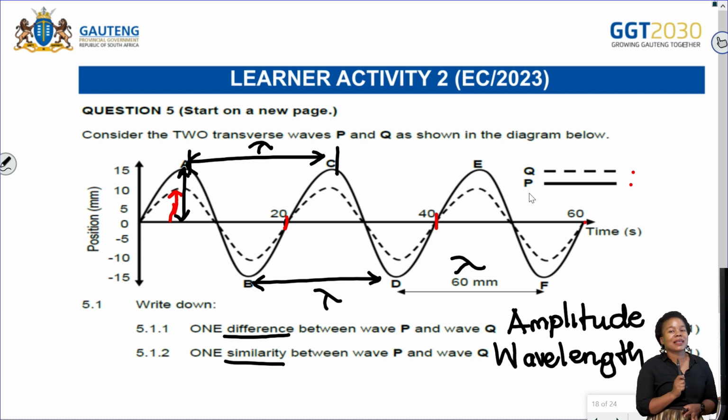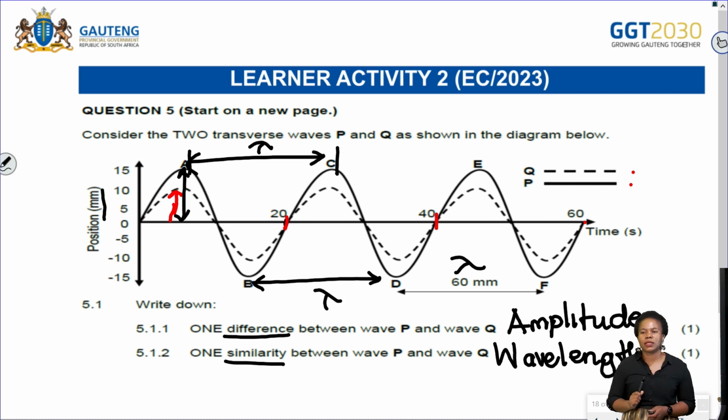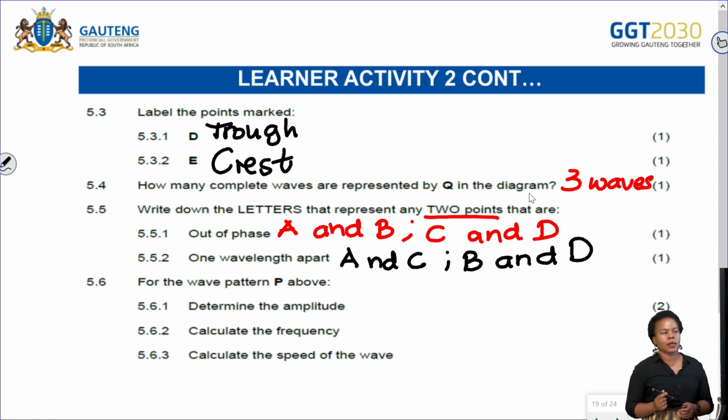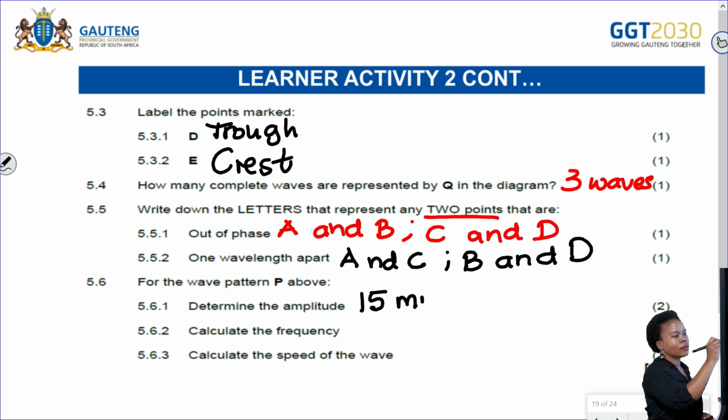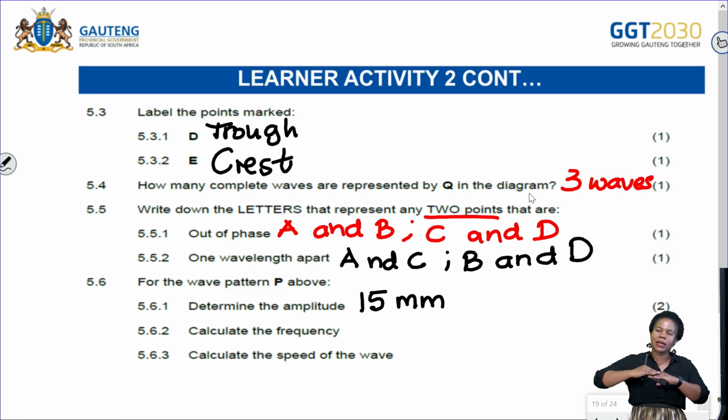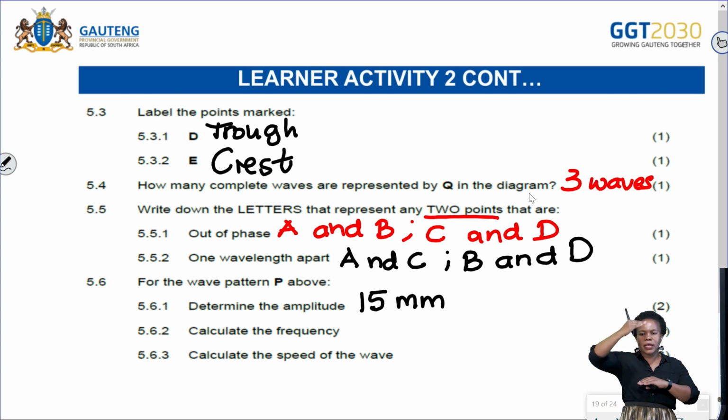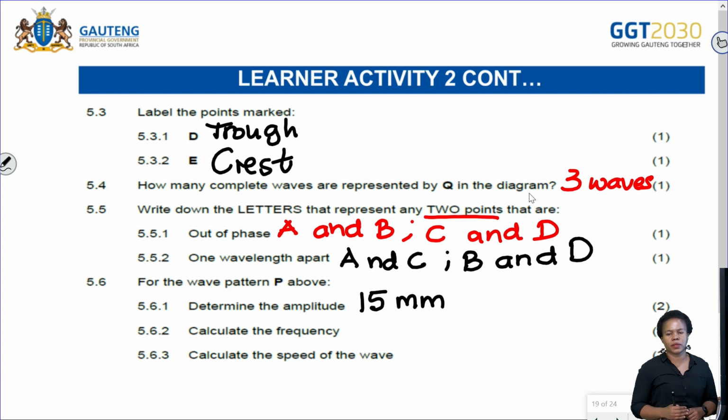You look at the maximum point that there is. So here it is 15. So it is 15 what? Millimeters, because it is given as millimeters. So 15 millimeters.